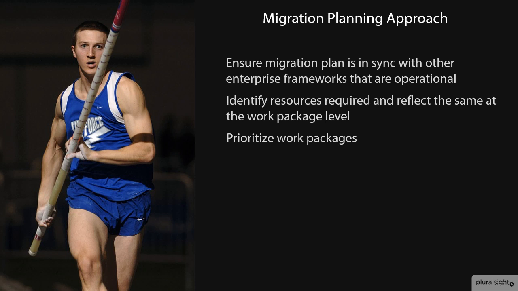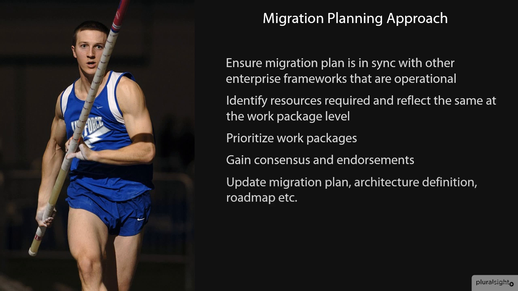Subsequently, it is also important to gain consensus across stakeholders on the prioritized list of projects. And finally, adjust the migration plan, the architecture definition document, the architecture roadmap, etc. to reflect the new understanding based on the consensus obtained.